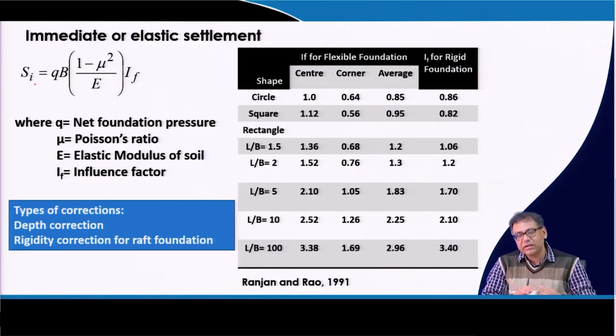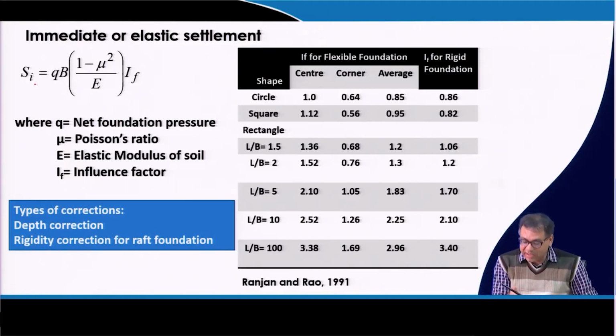Now, why is the rigidity correction required? If you have the influence factor table, I can get this IF value from this table, where it is given for flexible foundation and rigid foundation.